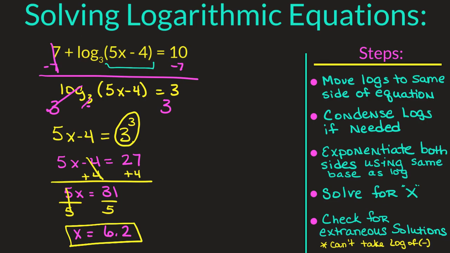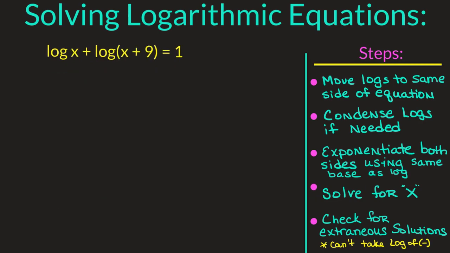So if we take 5 times 6.2 and then we subtract 4, we need to make sure that it's not going to be a negative value. Let's just simplify. So 5 times 6.2 is 31. If we take 31 minus the 4, we know that that's going to be still greater than 0. It's not going to be negative, so we have 27, making this a good solution.